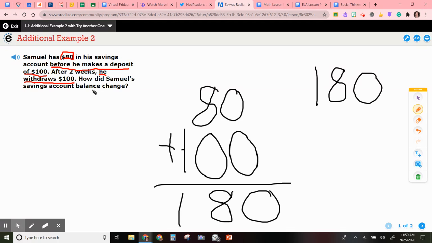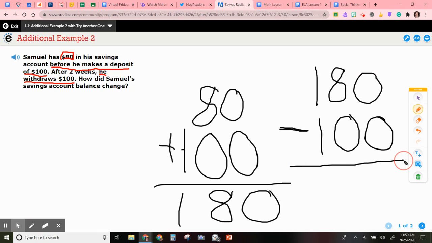When you withdraw, you take it away, you take it out, okay? So he withdraws 100. And that leaves us back at 80.